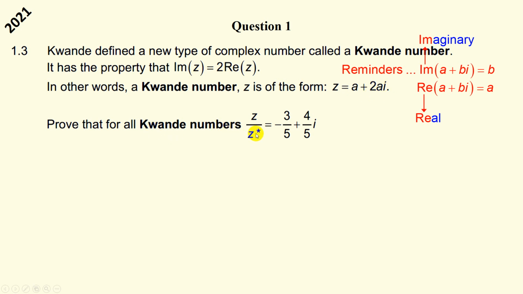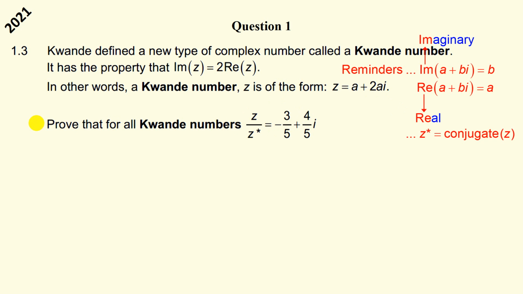Prove that for all quantity numbers, z over z star, where star means the conjugate of z. So if that is a plus 2ai, this will be a minus 2ai. We don't have to let this flummox us.